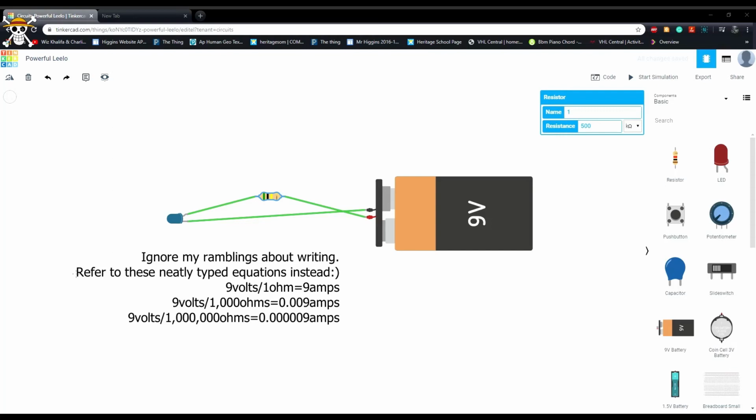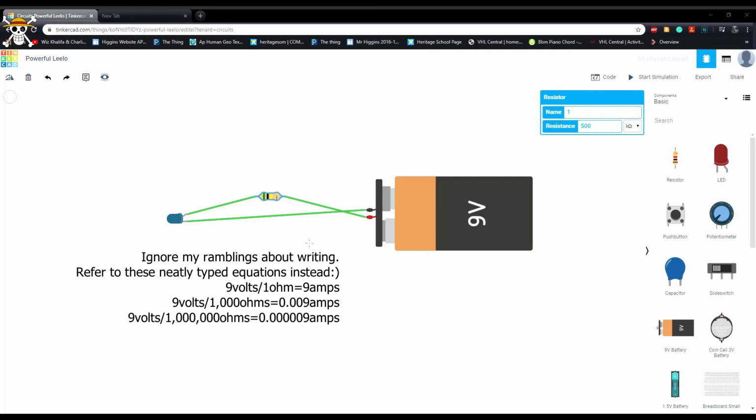All right. So now we have 9 volts divided by 1,000 ohms, or 1 kilo ohm, and that will bring us to, here we go, 0.009. 0.009, and don't forget the unit of measurement, which is amps.